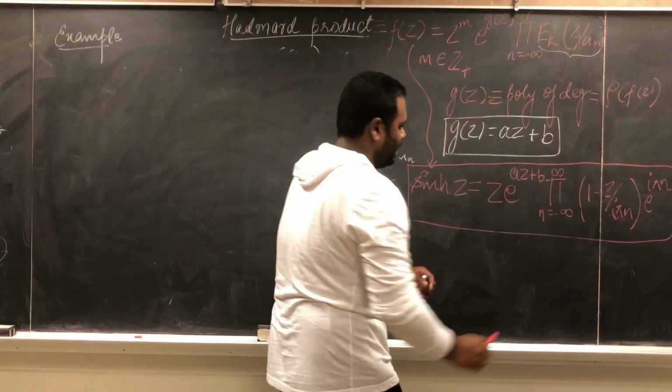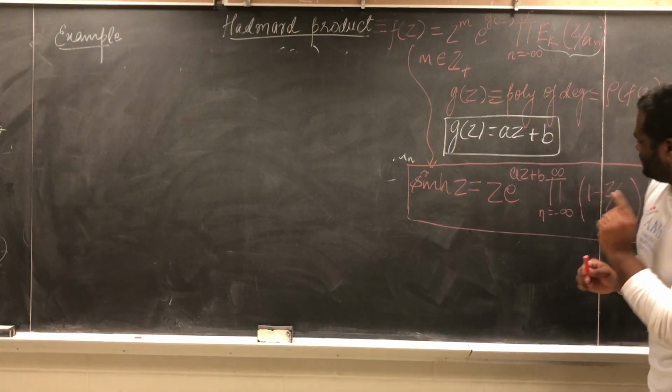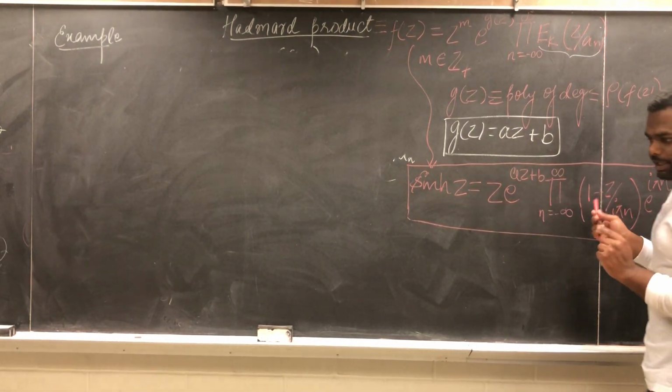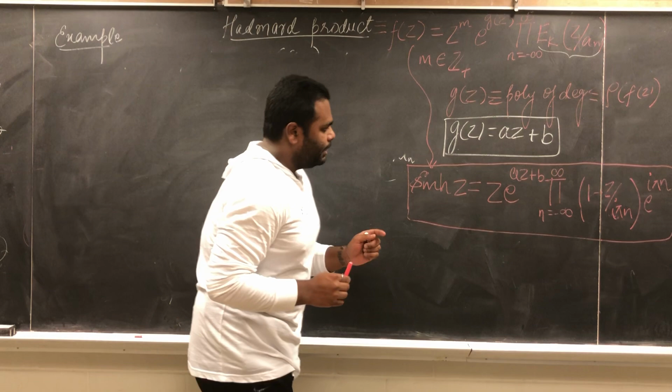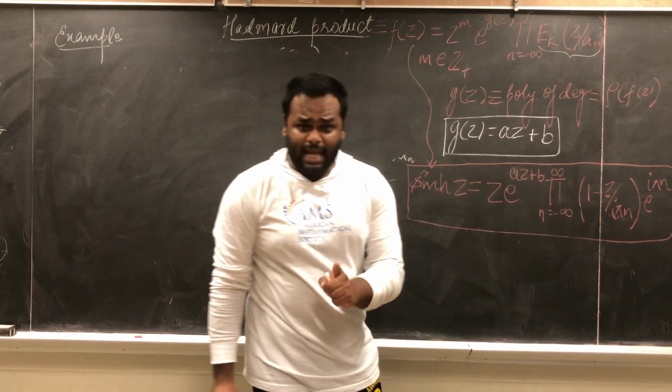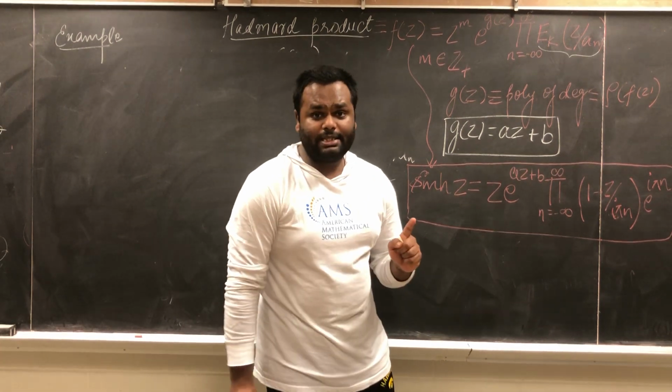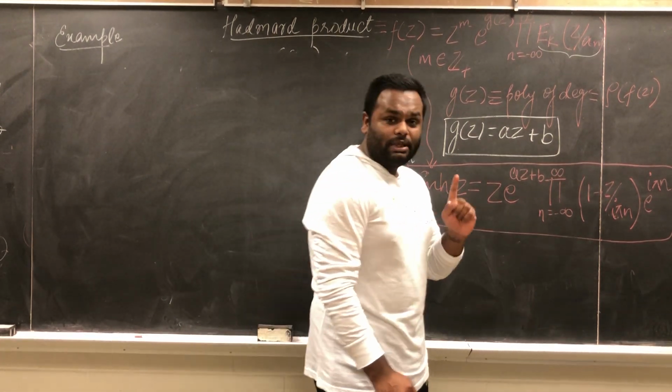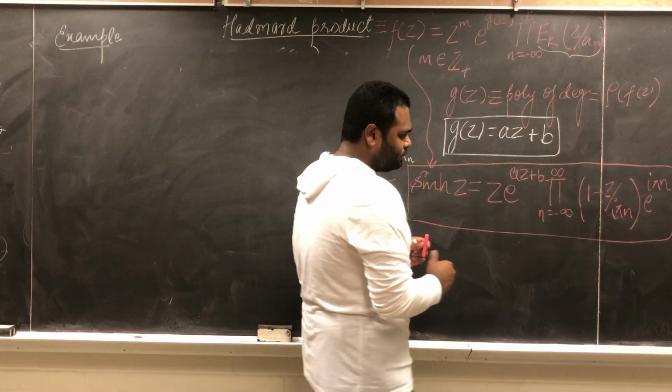Now, let me say something over here for this infinite product. Here, n goes from minus infinity to infinity, but n is not 0. We are not including n as 0. Now, here is one interesting thing.